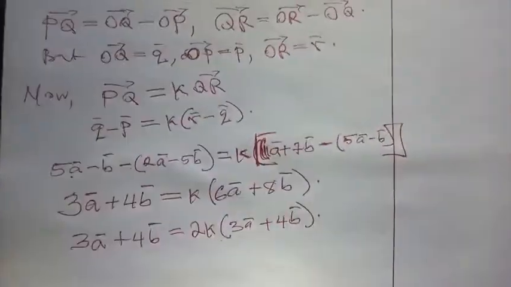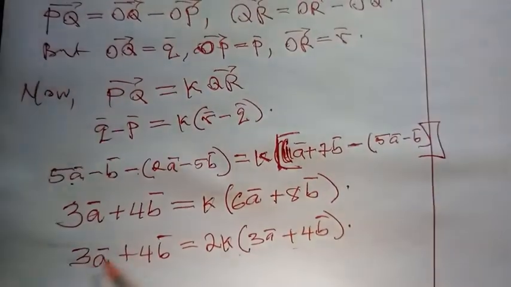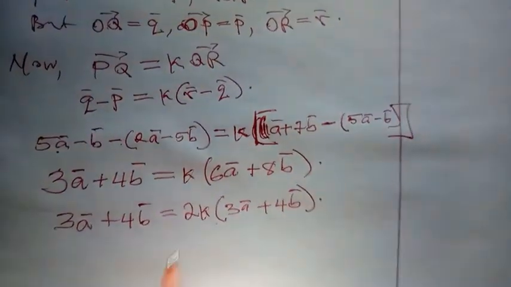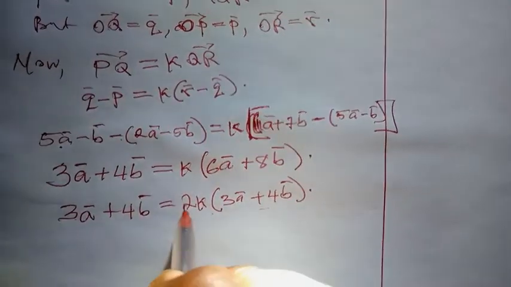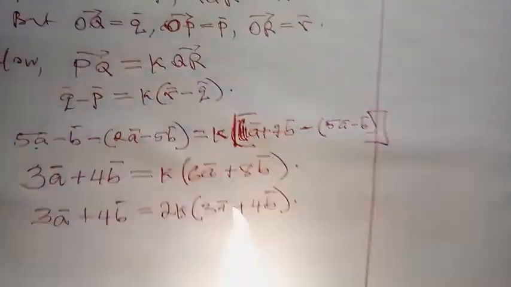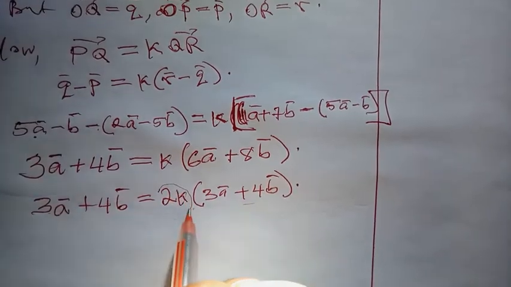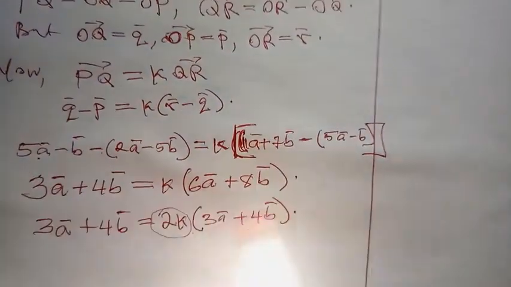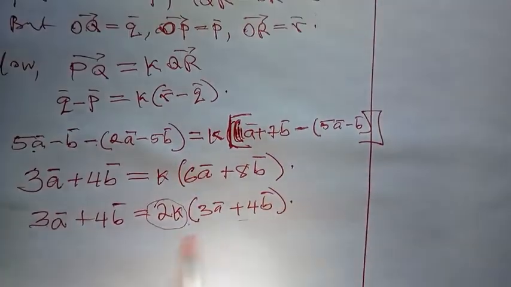Now we are there. You can see clearly that this is the same as this. So this part is a scalar multiple of this. All I need to do is to find what this is. 2K has to be 1. Why? Because it is only 1 times this whole thing that will produce this.